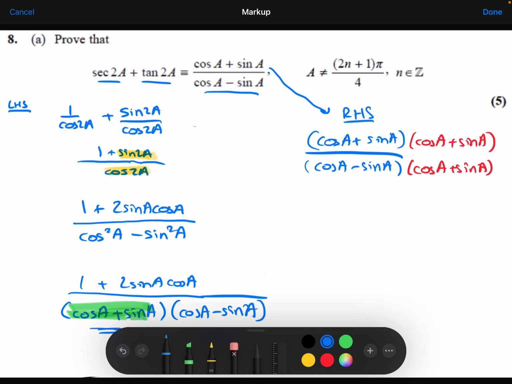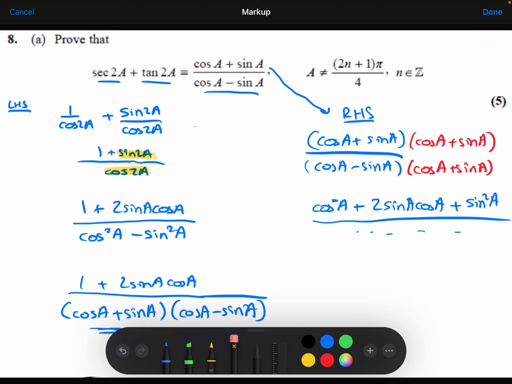On the numerator I've got cos a times cos a is cos squared a. Then I've got a cos a times sine a and a sine a times cos a, so that gives me 2 sine a cos a. And then I've got a sine a times sine a. And the denominator just matches up with what I already had.